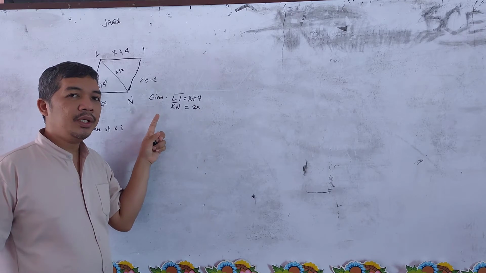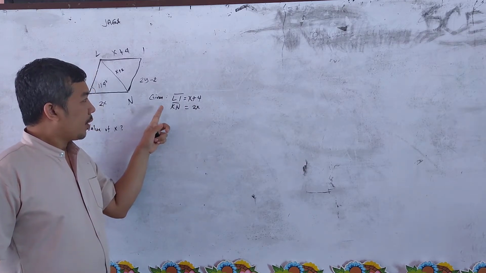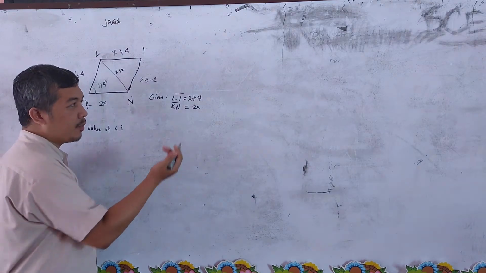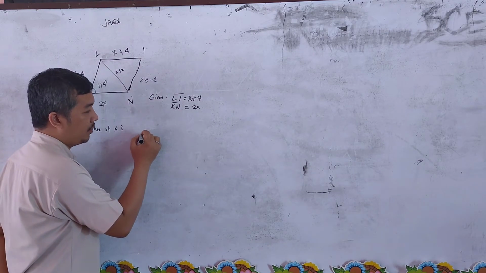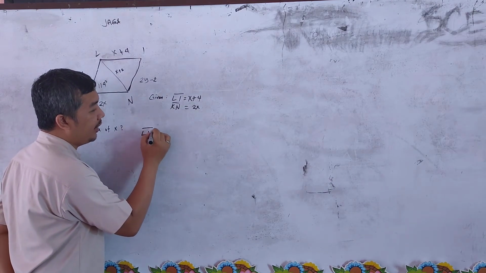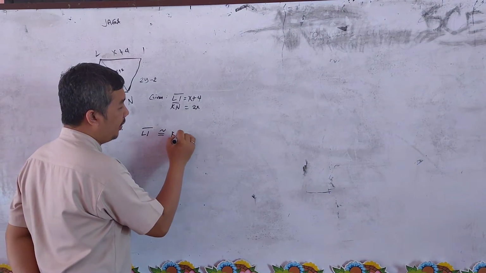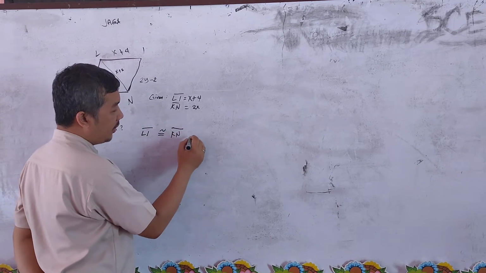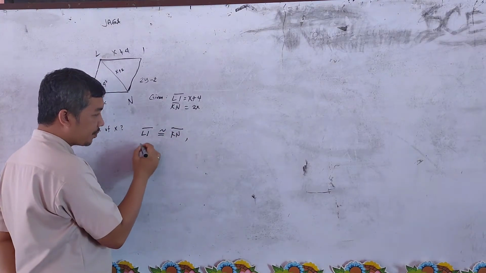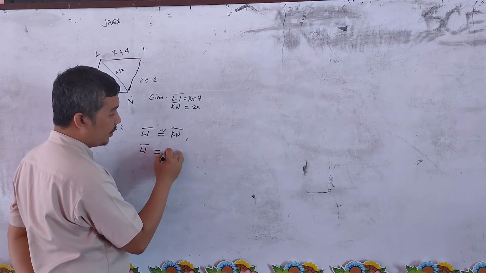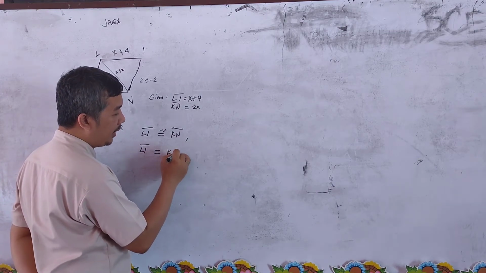If we are following the property, first property ng parallelogram. So kung congruent sila, ibig sabihin, yung line LI congruent with KN, ibig sabihin yan, yung line LI is equal by measure with line KN.